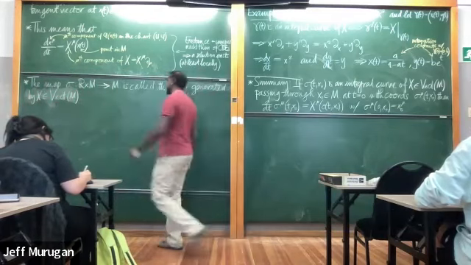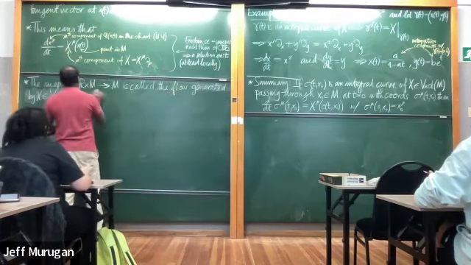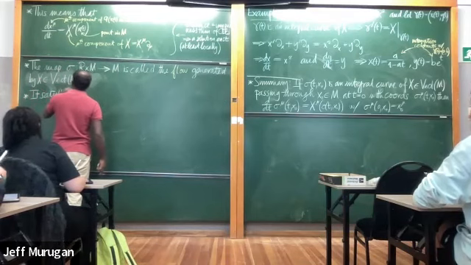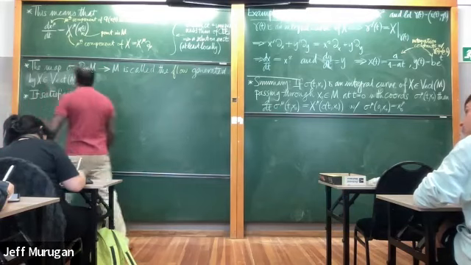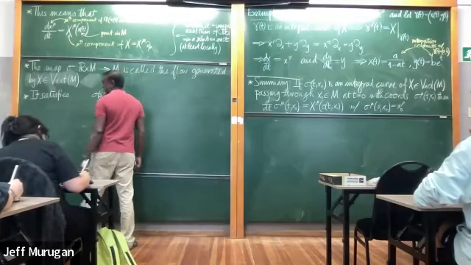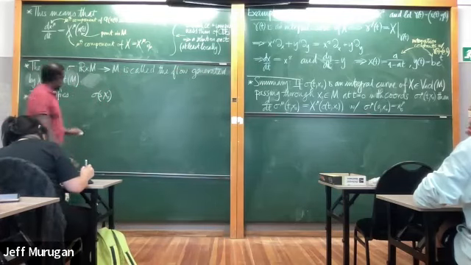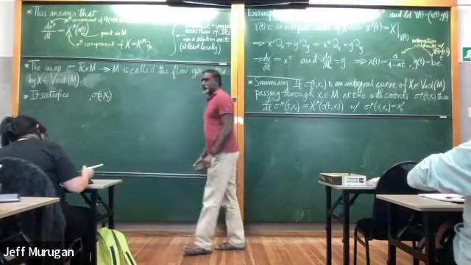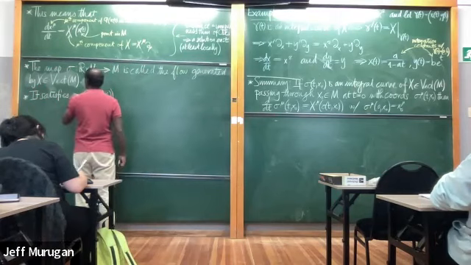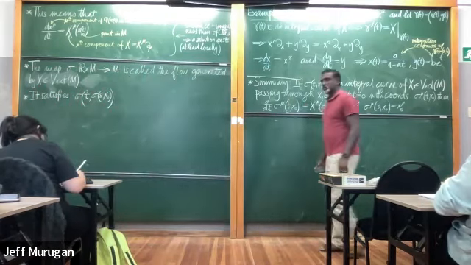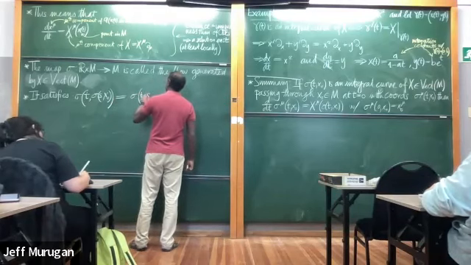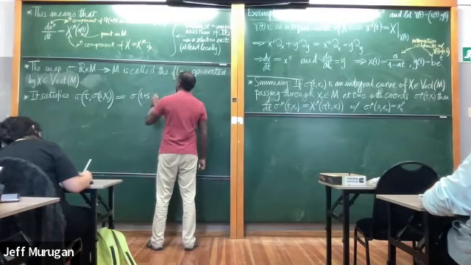And the flow satisfies the composition rule. If I start at some point x naught and flow to some other point sigma(s, x naught) for parameter value s, and then I start at that point and flow to another point sigma(t, sigma(s, x naught)), then this is the same as starting at x naught and flowing to sigma(t plus s, x naught).